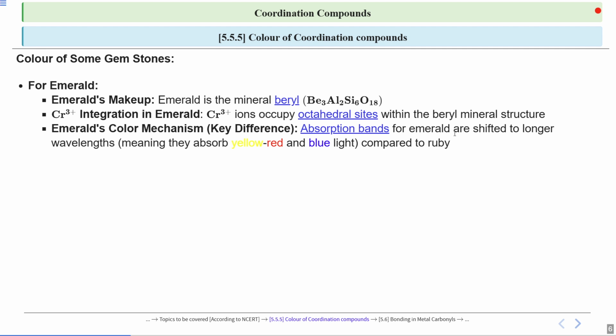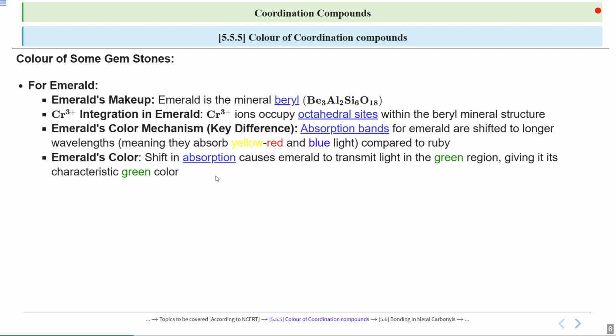So the absorption bands for the emerald are shifted to higher wavelength, from which it absorbs light of higher wavelength compared to the ruby. That means it absorbs yellow, red, and blue light, the higher wavelength lights.